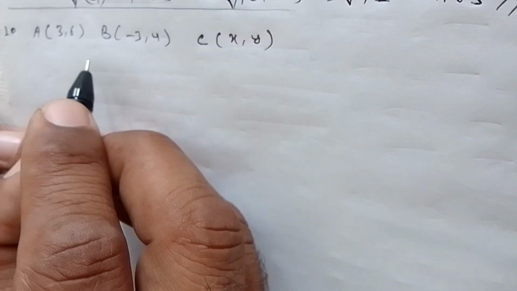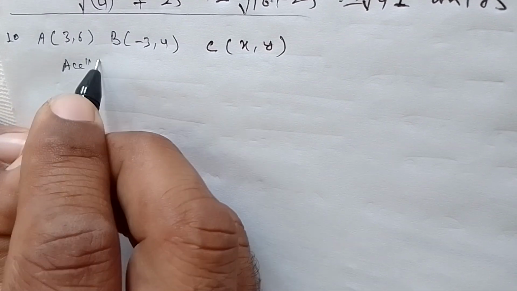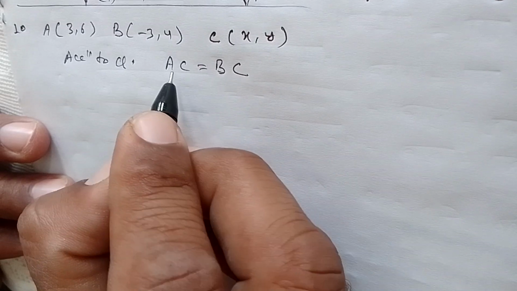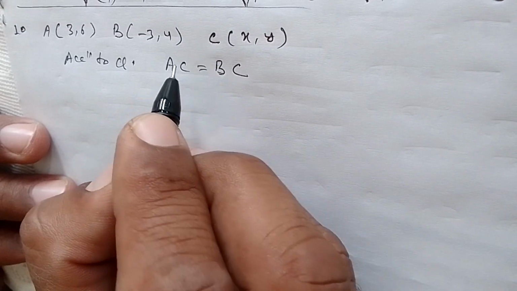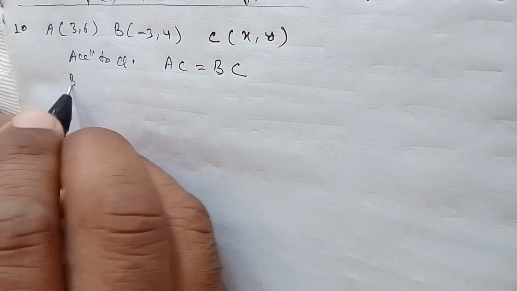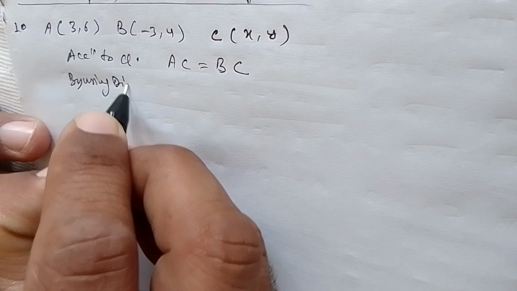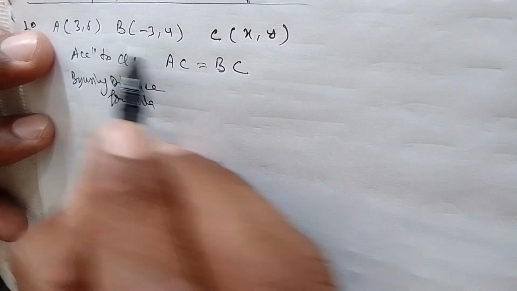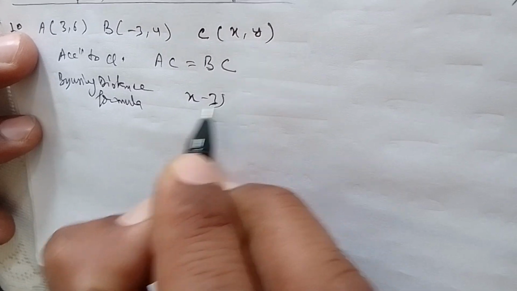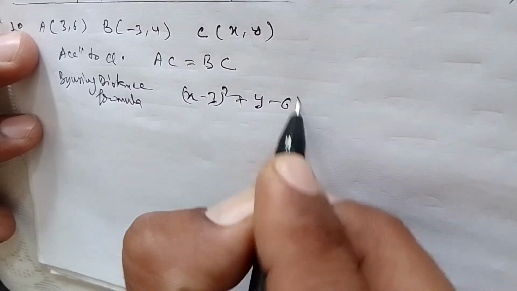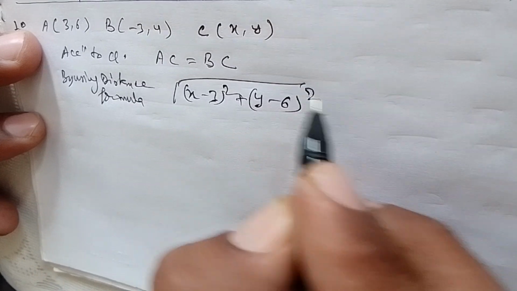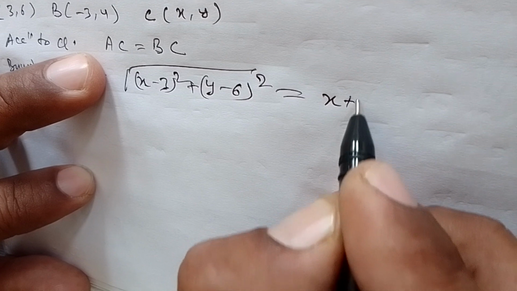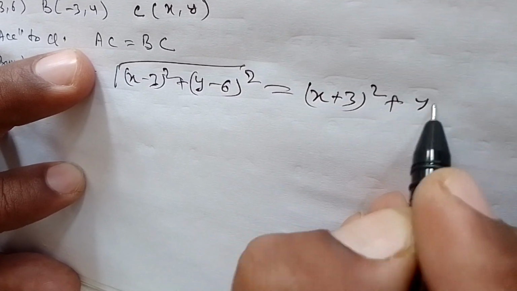Since according to the question AC is equal to BC, because point C is at equal distance from points A and B, by using the distance formula we will calculate AC: the square root of (x minus 3) square plus (y minus 6) square, then BC, equating this: the square root of (x minus minus 3) plus 3 square plus (y minus 4) square.